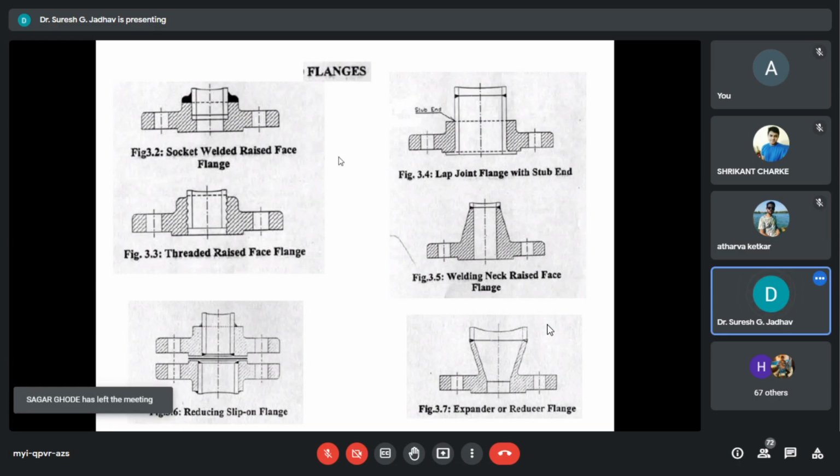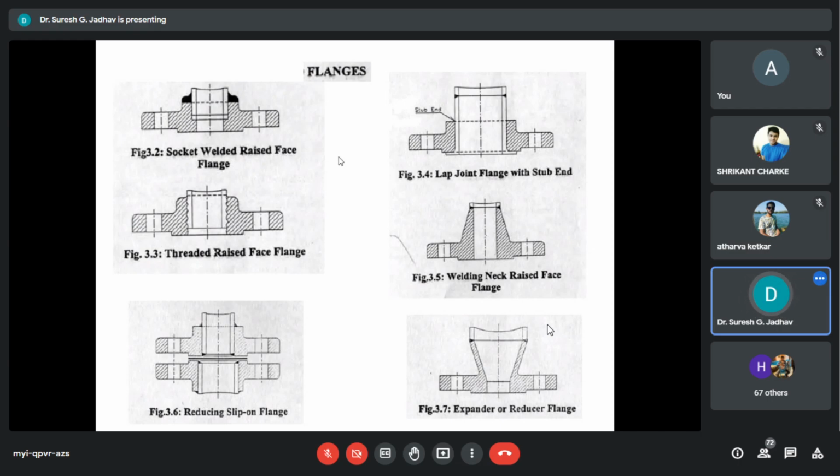See, we will not use socket welding and threaded flanges when the service temperature is above 250 centigrade or below minus 45 centigrade.